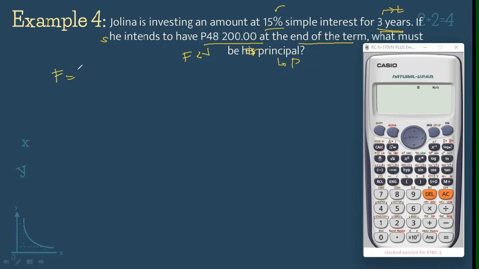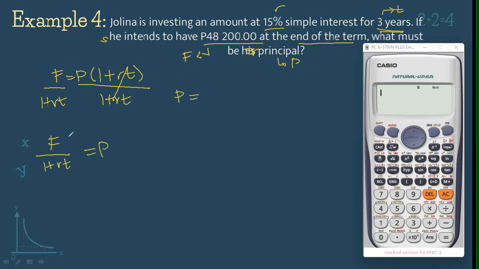We have F is equal to P times 1 plus RT. Dahil yung P po yung hinahanap natin, we can simply divide both sides by 1 plus RT. Cancel. Our new formula is F over 1 plus RT is equal to P. So P is equal to, what is our future value?